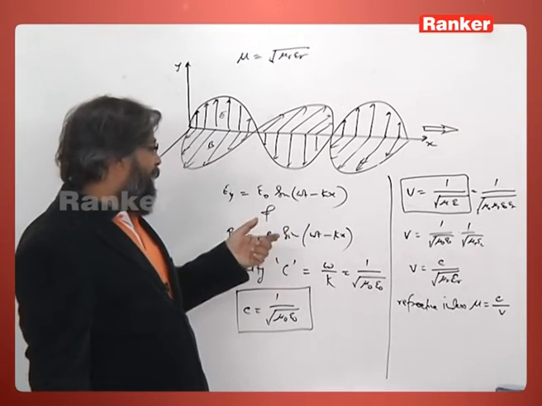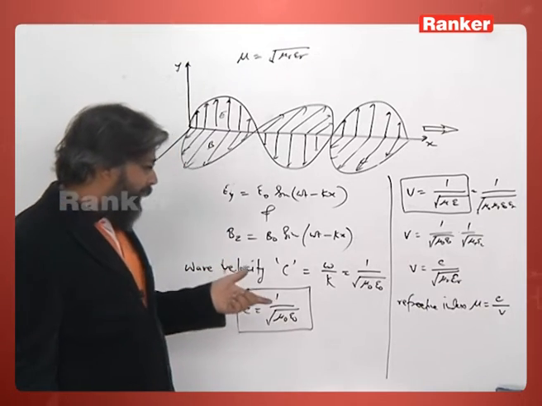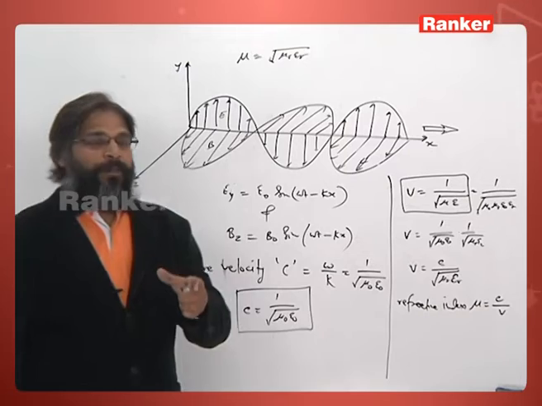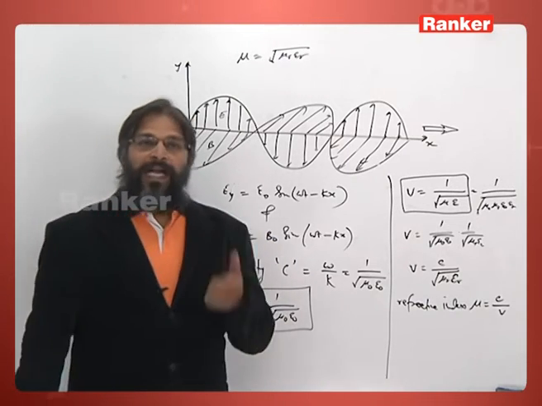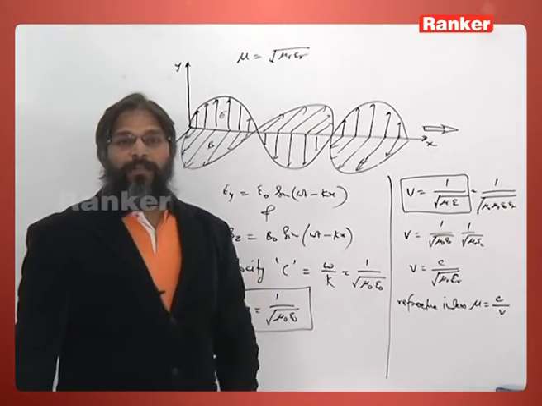The celestial marriage between electricity and magnetism was possible by Maxwell. At the same time, he was able to link optics with electromagnetism, and the origin of light, that light is also an electromagnetic wave, was established.